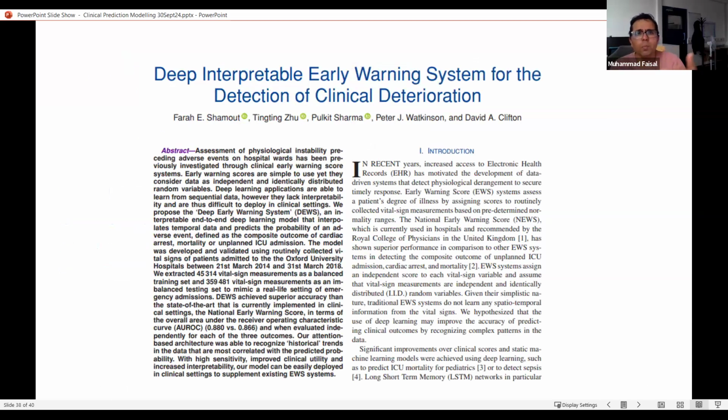Nowadays there is a more advanced stage, where we are living in the era of AI and machine learning. A lot of people are trying to find nonlinearities using modern machine learning and AI methods. One approach recently published, based on these early warning scores, uses deep learning models, black boxes that they try to interpret.